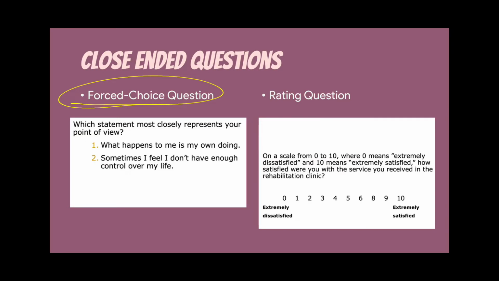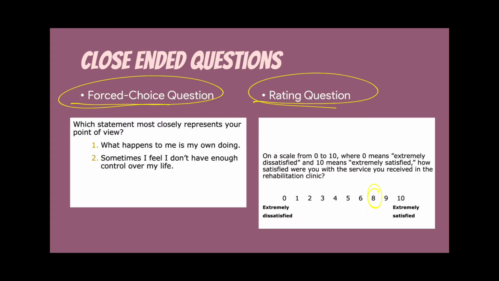And then we have the rating questions, wherein we place a line of numbers 0 to 10, with verbal interpretations for the lowest number and the highest number, and then we ask the person to indicate their perception by placing a circle on the number.